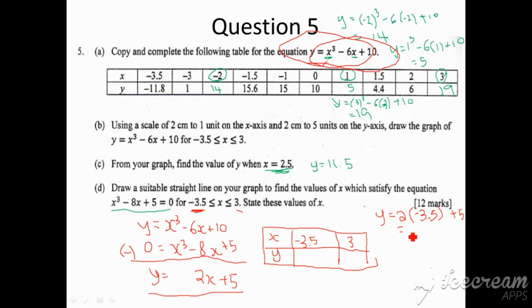Okay, so this one is negative 7 plus 5. Negative 2. Then you substitute x equals 3 into this equation. Y equals 2 times 3 plus 5. 6 plus 5, 11.